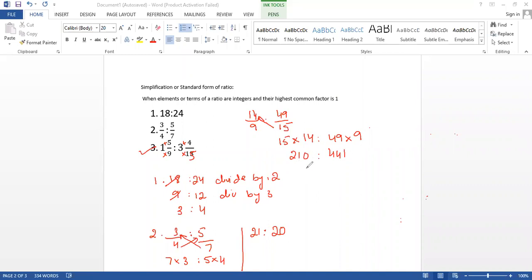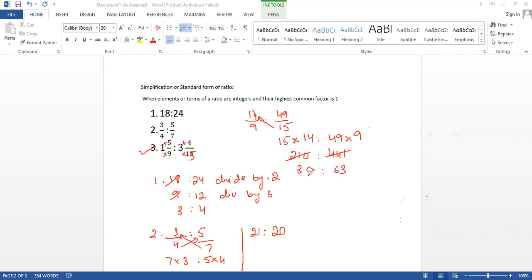So you can divide both of them by 7. So if we try to divide them by 7, we get, so if we divide it by 7 over here, 210 divided by 7 will give us 30 and 441 divided by 7 will give us 63.